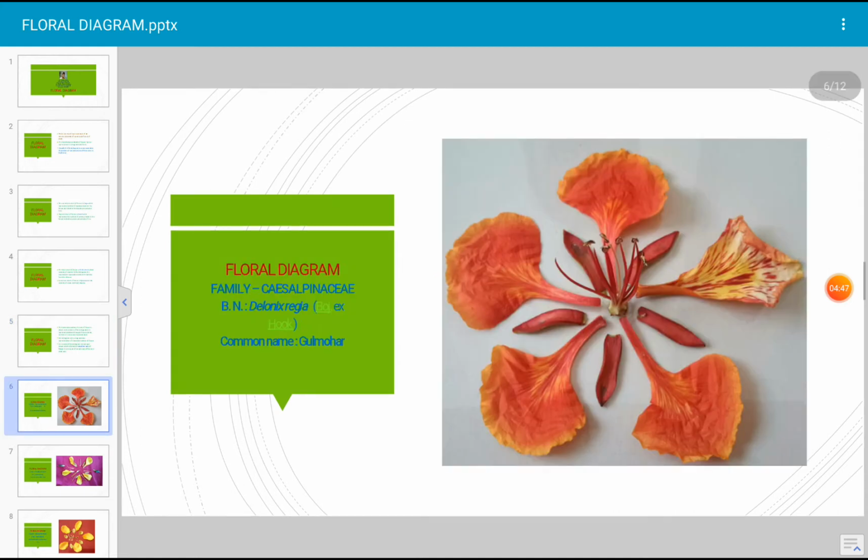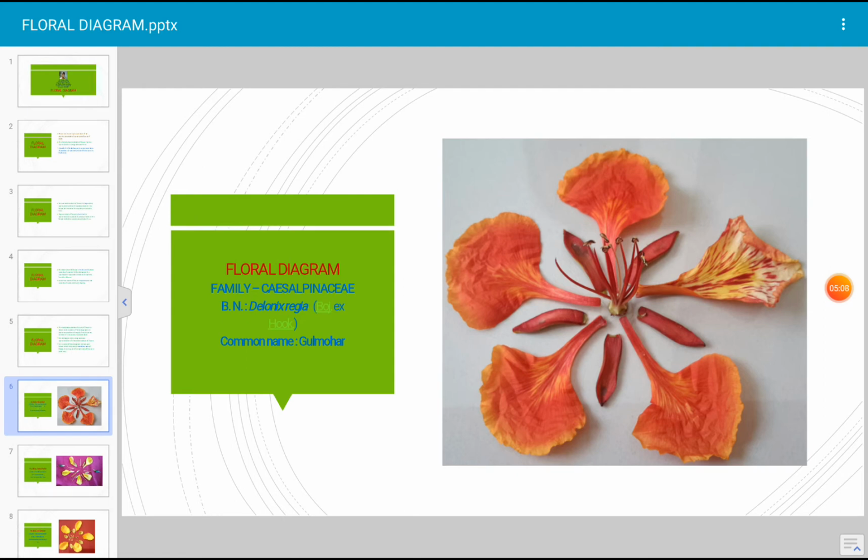But this is the floral diagram I have shown here, in this figure. Such floral diagrams are only to attract and encourage the students towards the subject and to create interest in botany students towards plant taxonomy.